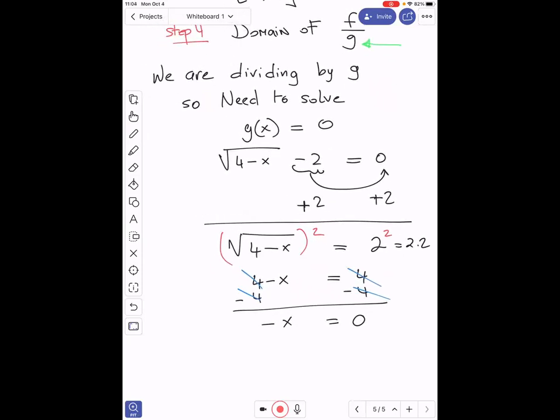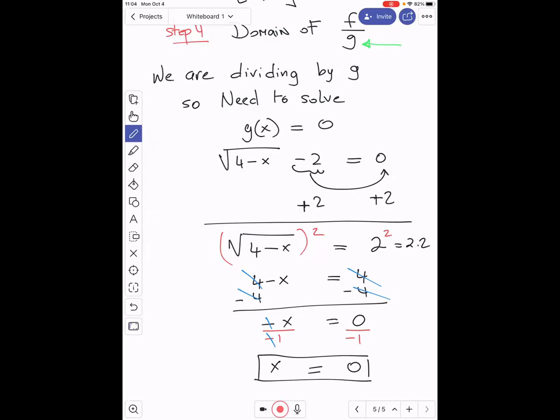Again, we need to get rid of this minus, so we can multiply or divide by -1. Let's divide both sides by -1. When you divide by -1, negative over negative will be positive, so it's just x on the left. And 0 over any non-zero number is 0. So x is 0.